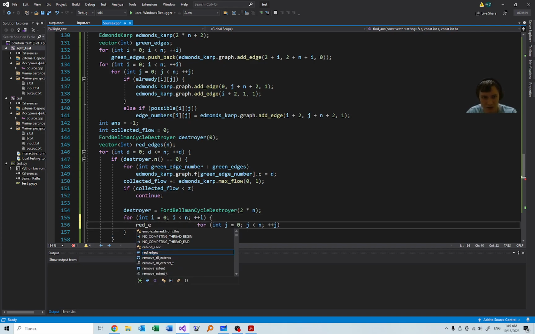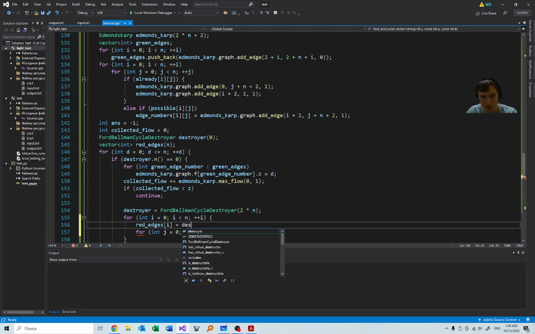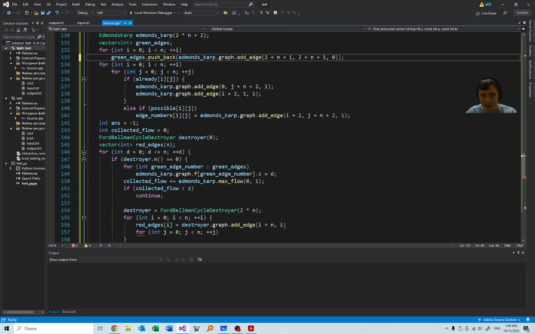Red edges I equals destroyer dot graph dot add edge from I plus n to I. So actually it should be n plus I here.